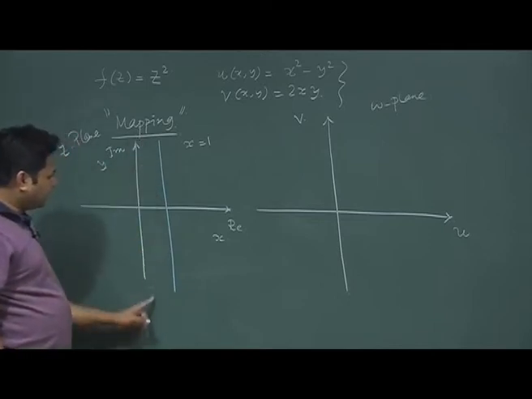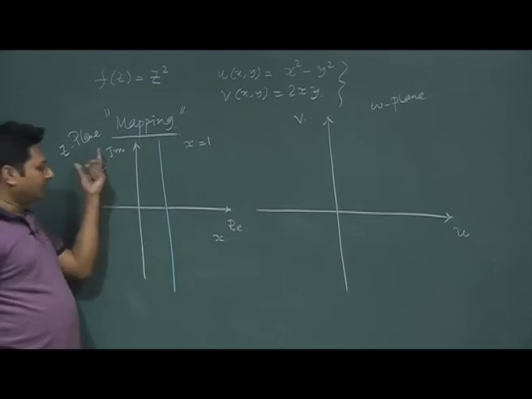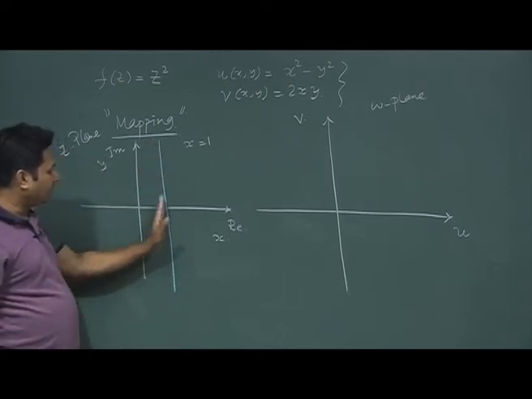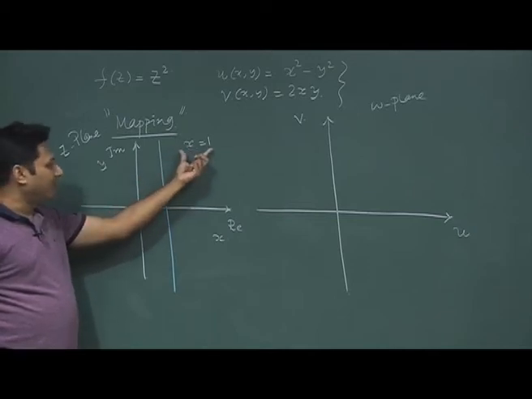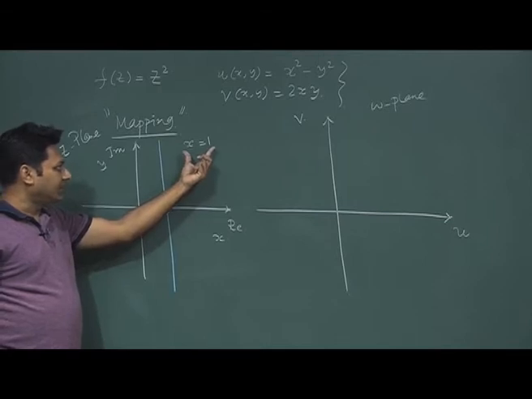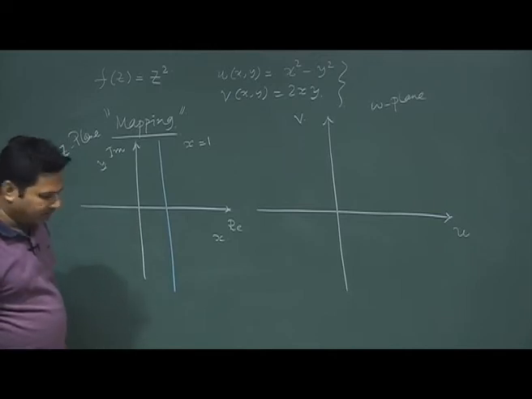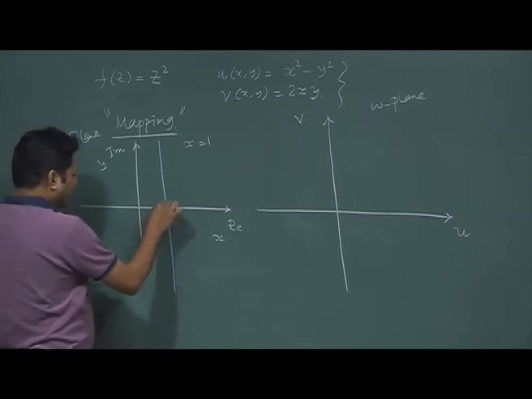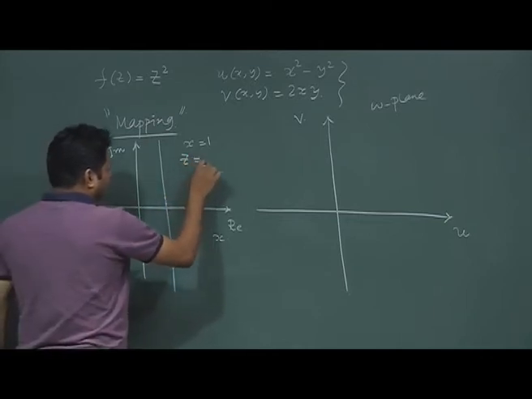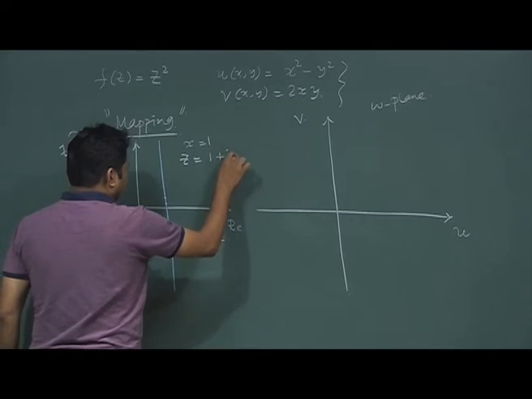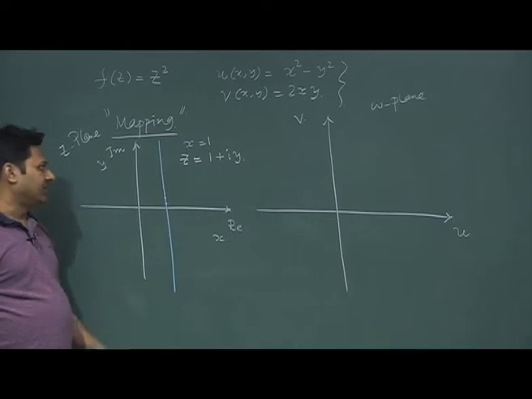So my z is varying over this line in my z plane, because x equal to 1 is the restriction, and over this line my z is changing. Whatever the y value I can think of, my z is essentially 1 plus iy. There is no restriction on y, so y can change like this.